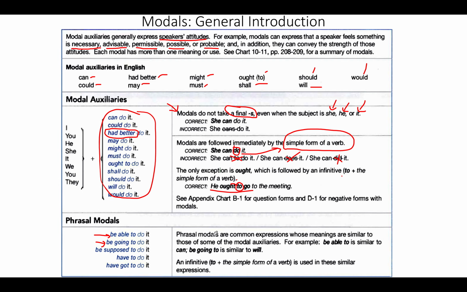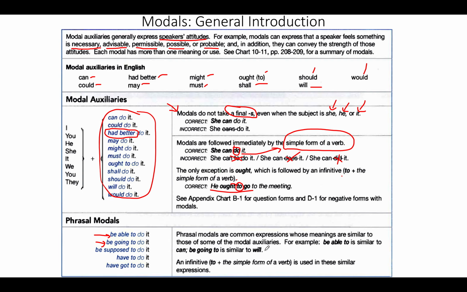So, phrasal modals are common expressions whose meanings are similar to those of some of the modal auxiliaries. For example, be able to is similar to the modal can. Have to and have got to are similar to the modal must.